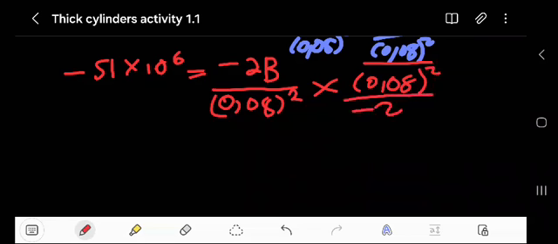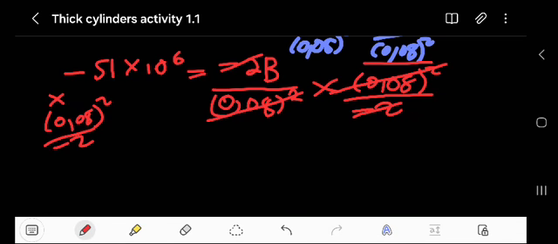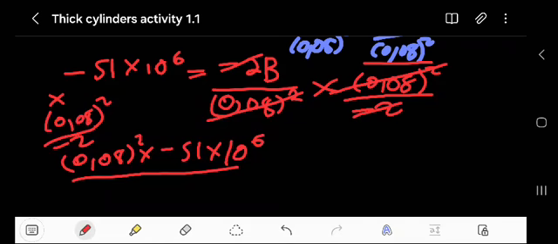Do the same on this side, multiply by the reciprocal. This and that will cancel. You'll have B here, and there you'll have 0.08 squared multiplied by negative 51 times 10 to the power of 6 divided by minus 2.